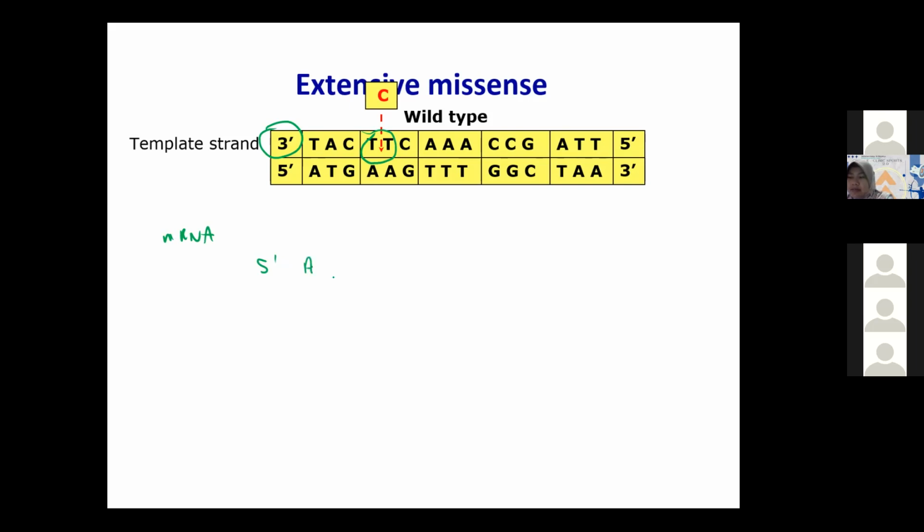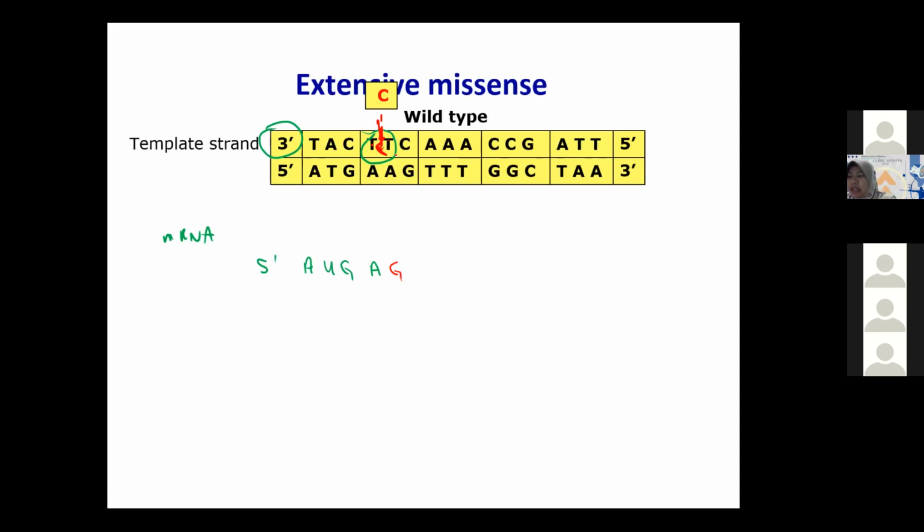A, U, A, U, G, G. And then A. And then there is a C. When C has entered, it will become G, G, because insertion happened here between T and T. So C is now here. So what happened? The next T will be shifted like that. So this is what we call a frame shift mutation.